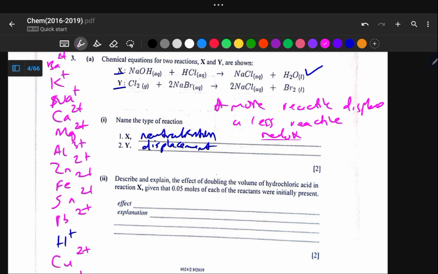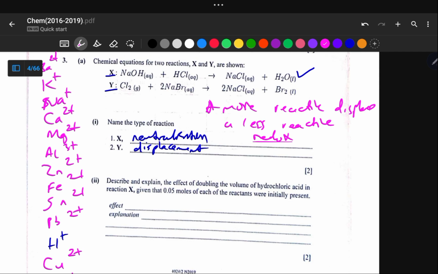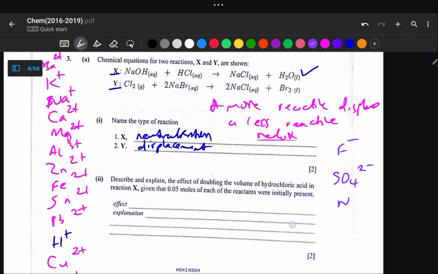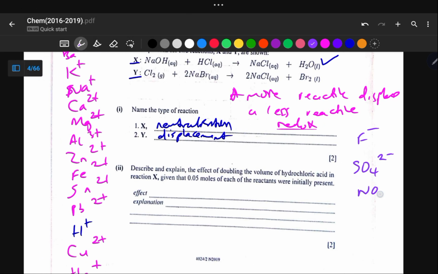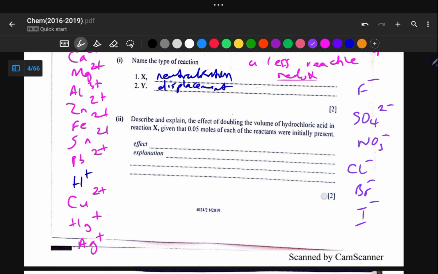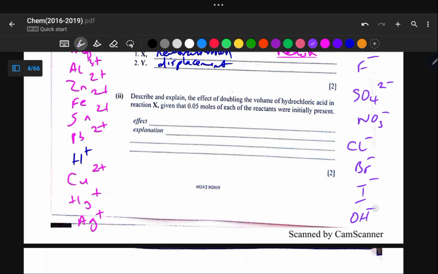So this is the reactive series for the metals or the cations. And then for the anions, we have fluorine or the fluoride ion, and then the sulfate ion, the nitrate ion, right? And then the chloride, the bromide, the iodide, and lastly the hydroxide ion.